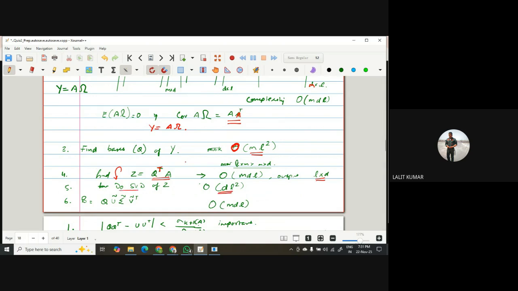Once we do SVD of this Z, we find the SVD of A is equal to Q into U delta, sigma delta, V transpose delta. So we multiply Q into U, retaining the top K eigenvectors from here and V. By this, we have reduced the complexity from M D square to O(MDL).